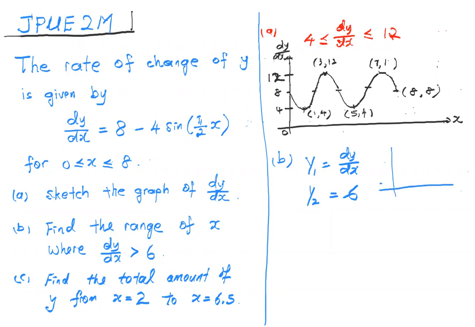This is my graph of my y1. Okay, my graph of my y2, here is 8, so it will be 6 here. Am I right? So that means I want my dy dx to be more than 6.